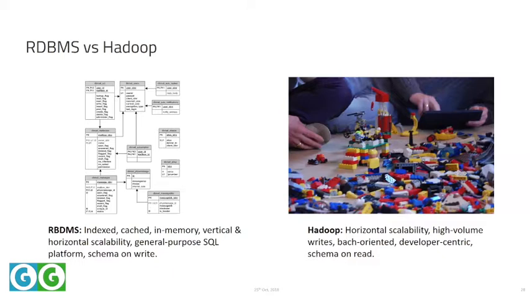Your typical RDBMS by default will have a very strict schema. You would have to know what sort of data you are putting in before you put it into the database, because it has a certain schema, and the schema is very rigid.